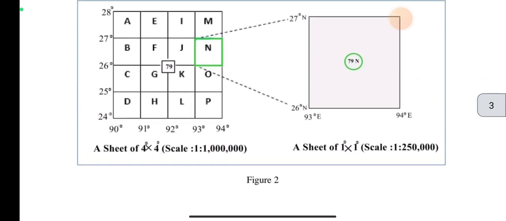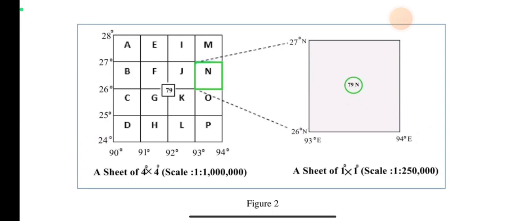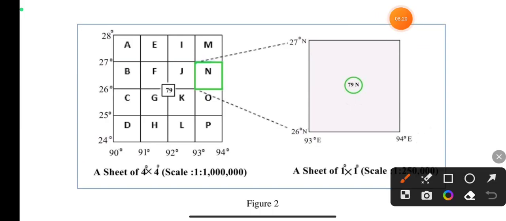Now see, if the entire is 4 degree into 4 degree, now we are dividing it into 16 grids. So how many degrees are we getting here? You can see that the difference here is 1 degree, and here the difference is 1 degree, so we are getting a total of 4 degree.